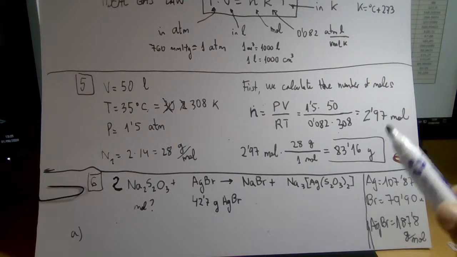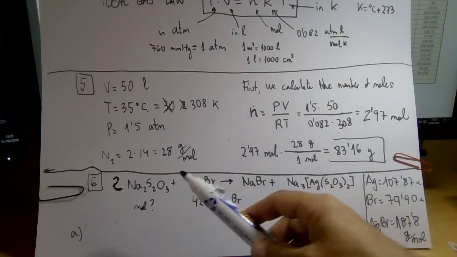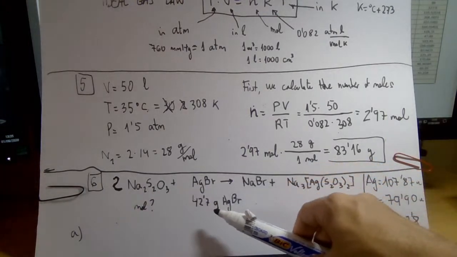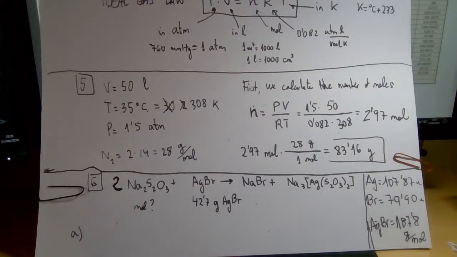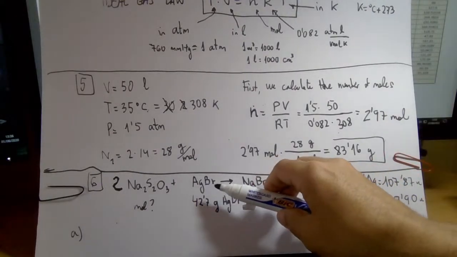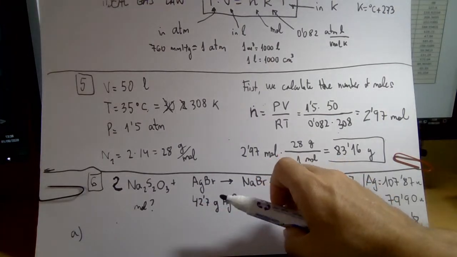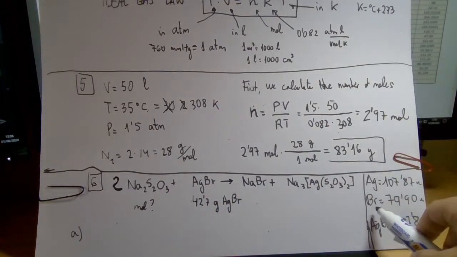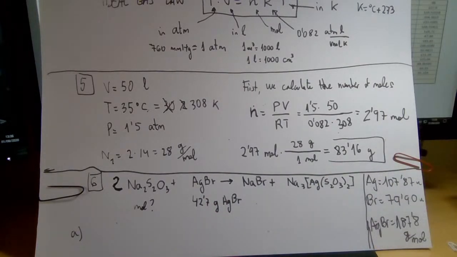Ok, ¿cómo calculamos esta cantidad, los moles de tiosulfato de sodio que necesitamos para reaccionar con 42,7 gramos de bromuro de plata, silver bromide? Venga, in English this is bromine, the element, and bromide, bromuro, bromide with D. Silver bromide. And this is bromine. Bromine is the element.